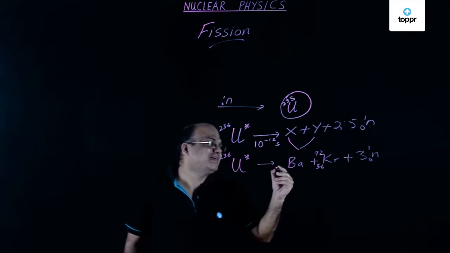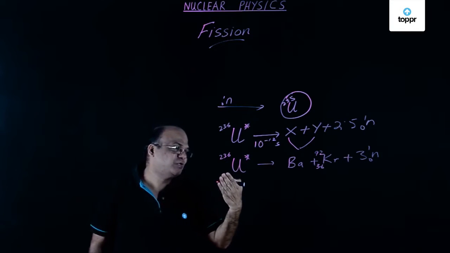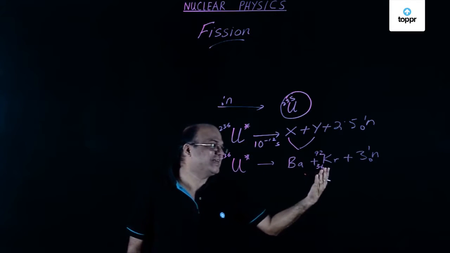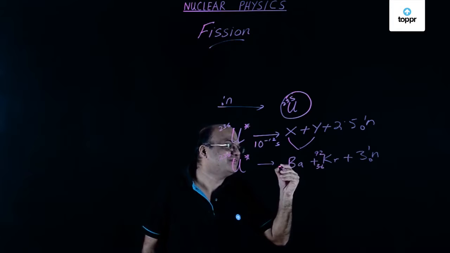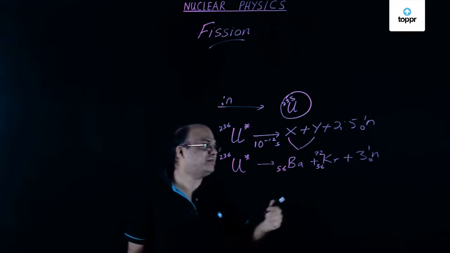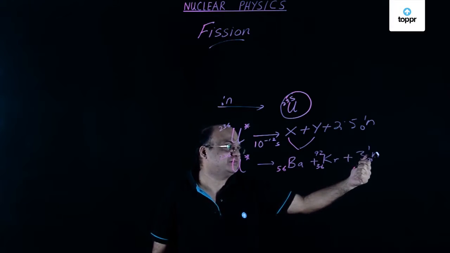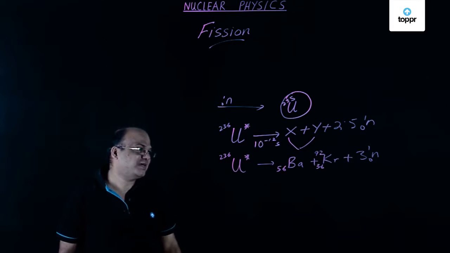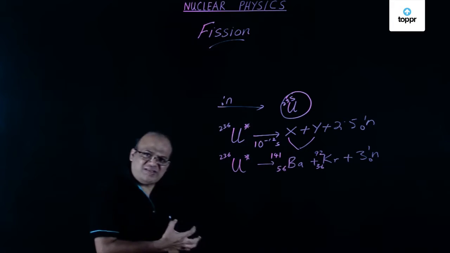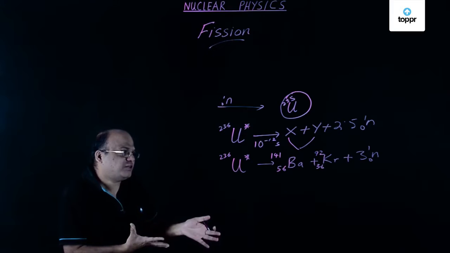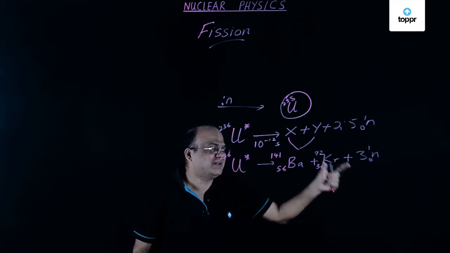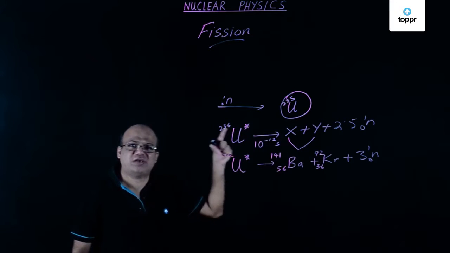This will be, look at, total is how much? 92. So 92 will give us 56 here, right? And what will be the mass number? 95 we got here. So subtract 95 from here. You get 141. So this is an example of a reaction. There can be so many different kinds of reactions. 90 different kinds of daughter nuclei we can have.